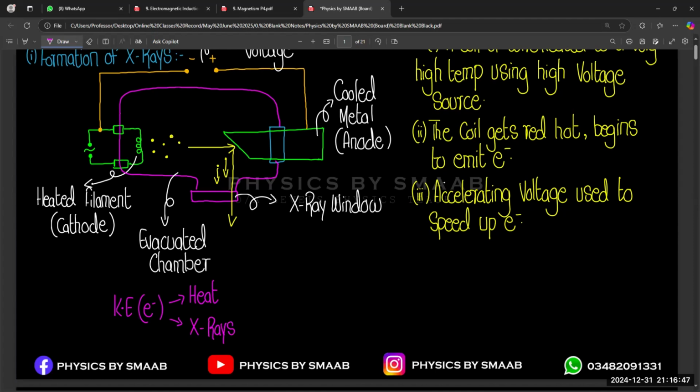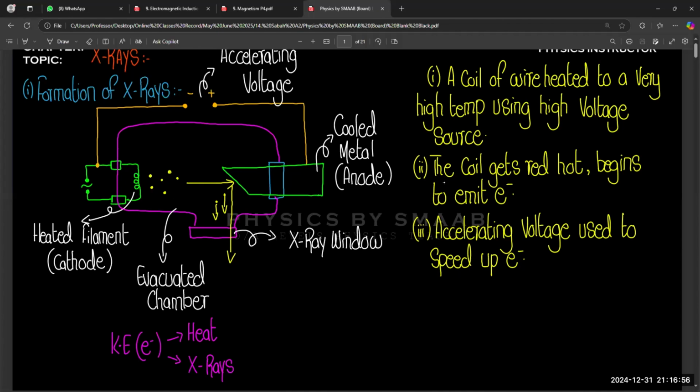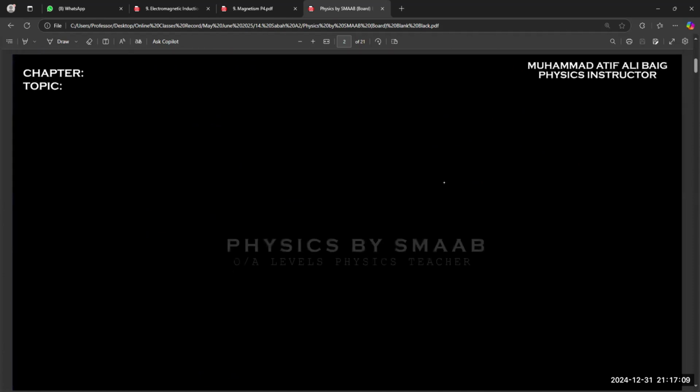And just like we studied in AS about the photoelectric effect, we need to include the concept from there also. For example, if we talk about X-ray in detail, like the intensity of X-ray and the hardness of X-ray, what is the meaning of the intensity of X-ray? And what is the concept of the hardness of X-ray?